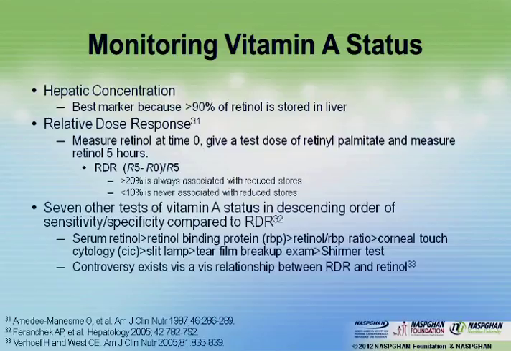But then when they compared RDR with a variety of markers, they found that retinol was really as good as the retinol RBP ratio, or much, much better than the touch cytology, looking for dry eye, slit lamp exams, tear film breakup, I don't know what that exam is, and the Schirmer test, looking for production of tears.